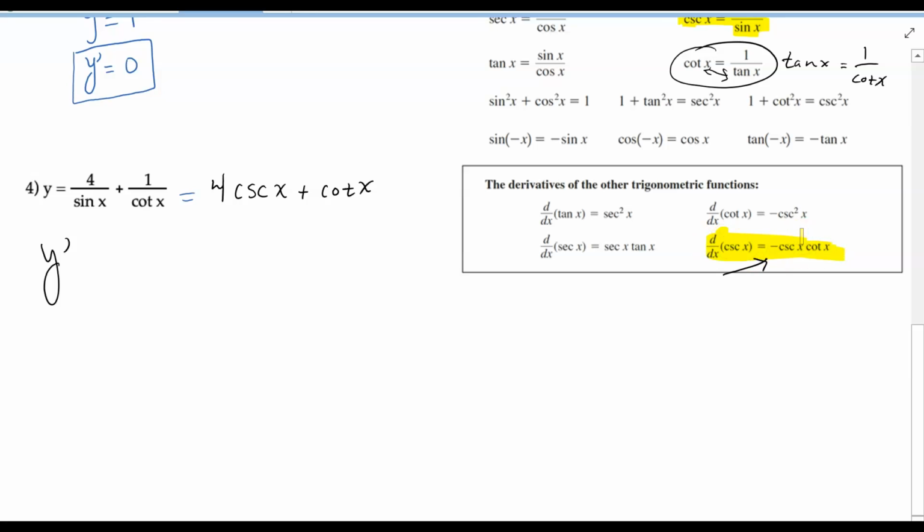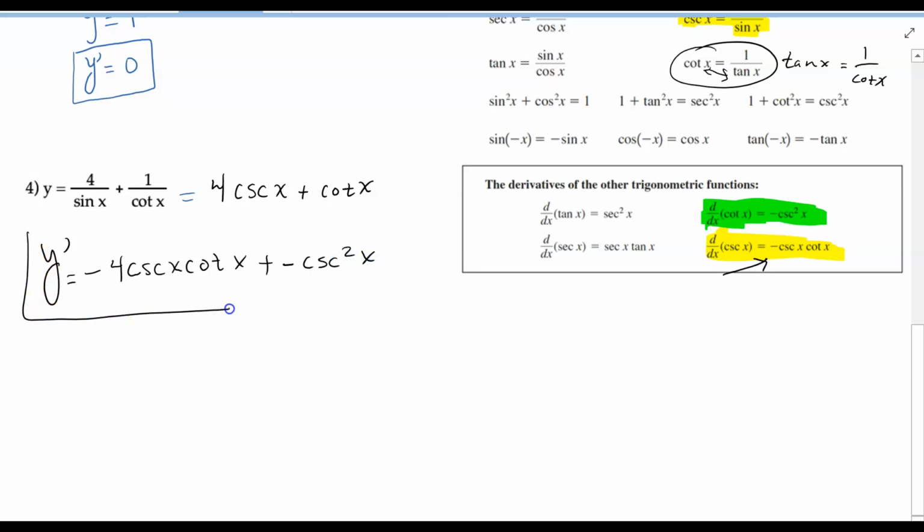So I have a negative 4 cosecant cotangent, plus, and then the derivative of the cotangent right here is going to be that negative cosecant squared. So let me just write that. Negative cosecant squared. So that right there is how we would take the derivative of that function. So really no quotient rule involved. Just use trig identities. And it actually makes it really easy.